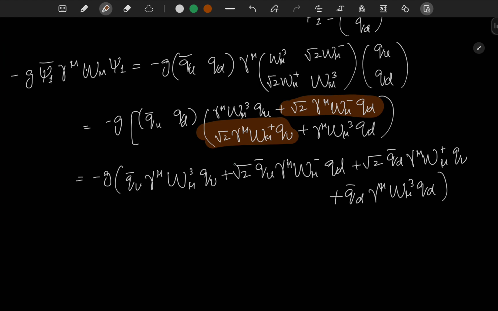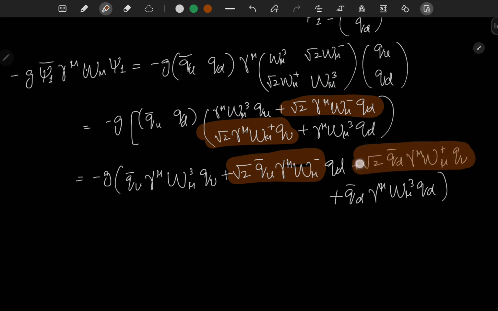Because we will divide the Lagrangian, I mean this specific part of the electroweak Lagrangian, into two parts: the Lagrangian for the neutral current and the Lagrangian for the charged current, and W plus and W minus will be for the charged current part.